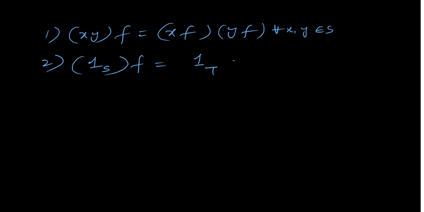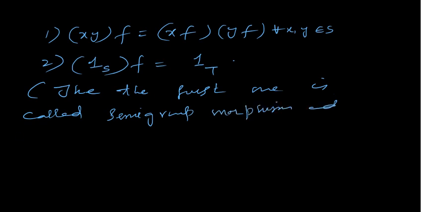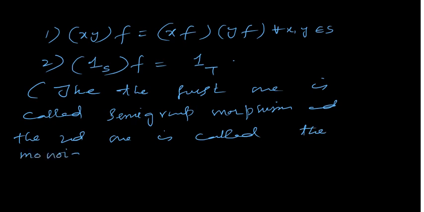It's called a monoid morphism. The first one is called a semigroup morphism, and the second one is called the monoid morphism.